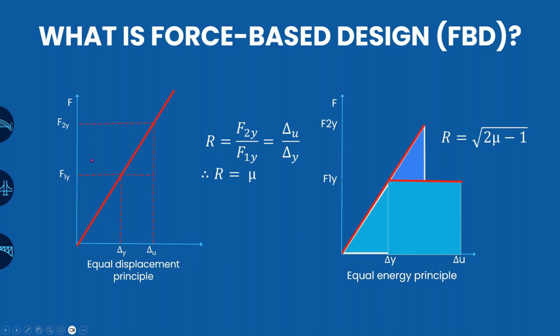That's our assumption. And depending upon that, we say that the area of this particular curve, that is the totally elastic, hypothetically elastic structure, and the area covered by the actual or inelastic structure, the energy which is dissipated in both the events remains the same, and on the basis of that we compute that R is equal to delta U upon delta Y, which is nothing but the ductility, and finally we say that R is nothing but mu.